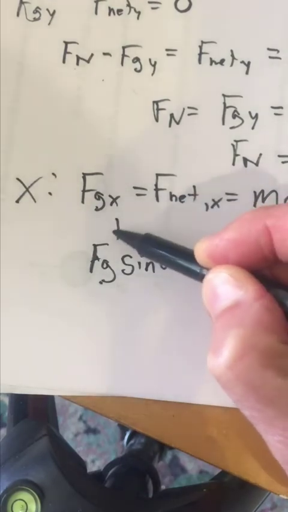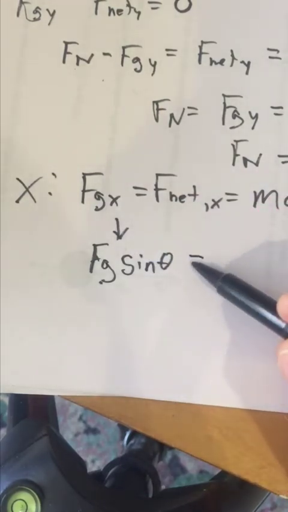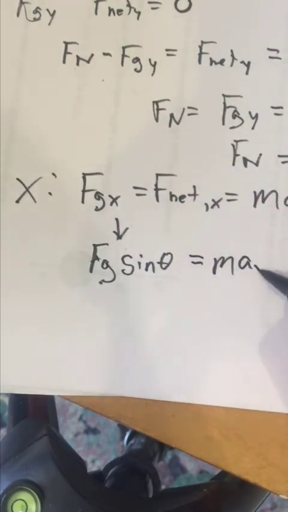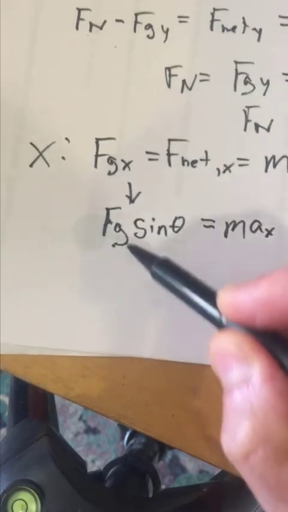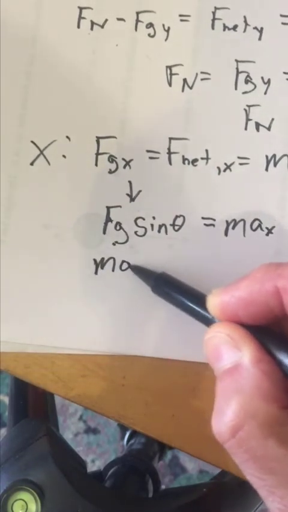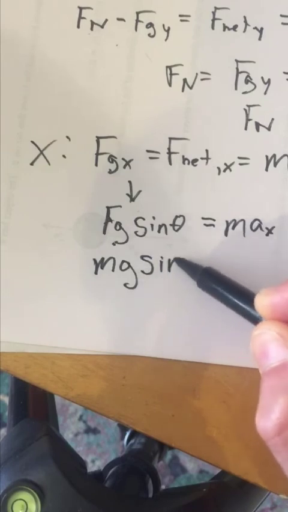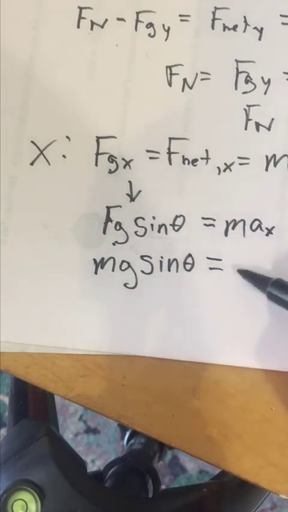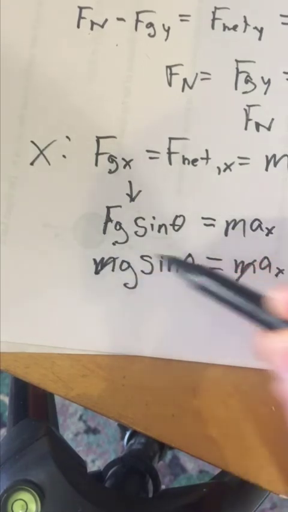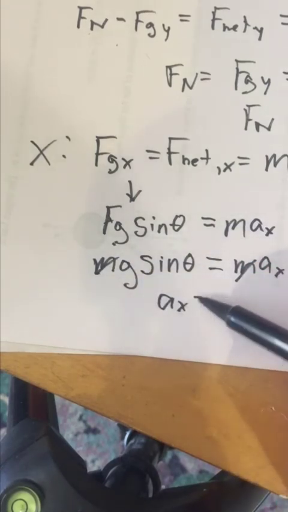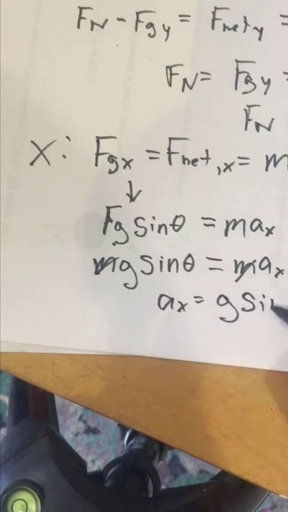That's equal to max. Fg, don't forget, is equal to mg. So we have mg sine theta is equal to ma sub x. Cross out the m's, and we have a sub x equals g sine theta.